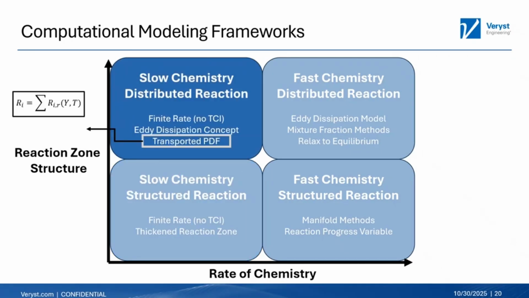And for a slow chemistry but distributed reaction, we may use something more sophisticated, like a transported PDF. I'll discuss the transported PDF method in a little more detail later. What we're solving for here is actually the probability density function of the species distribution. Instead of solving for the species themselves, we solve for their PDF, and that implicitly captures the variation, both the mean and the variance of those species distributions, and allows us to directly close the nonlinear source term in the governing equations. This is a very powerful technique for capturing the interaction of turbulence and chemistry where slow chemistry or slow reaction rates matter.